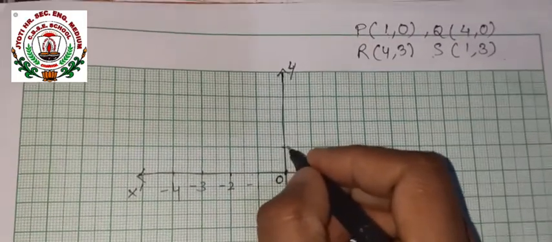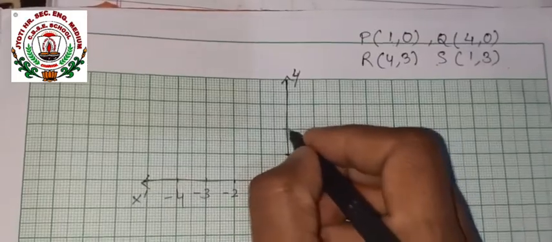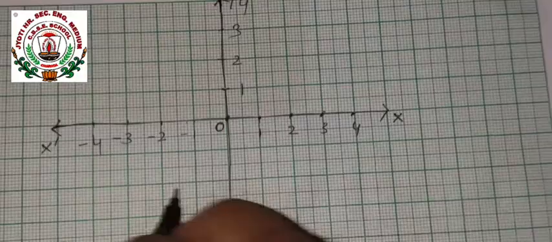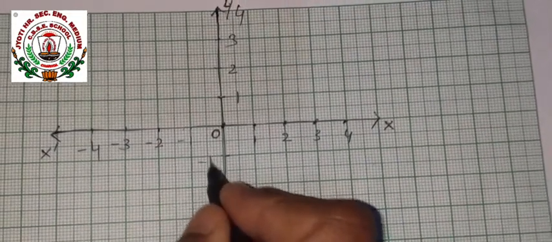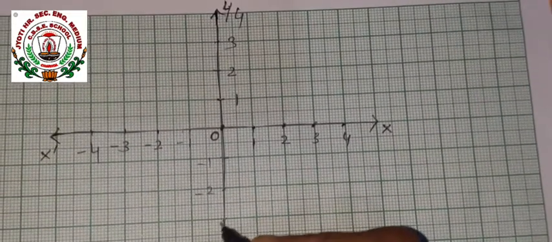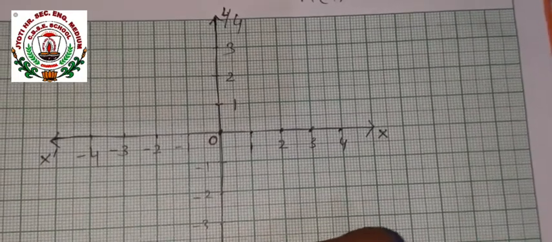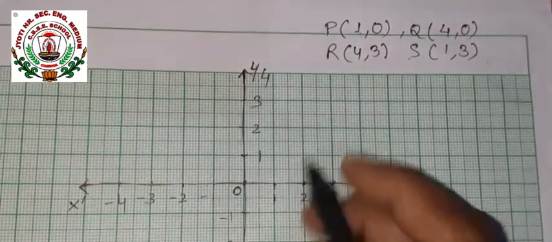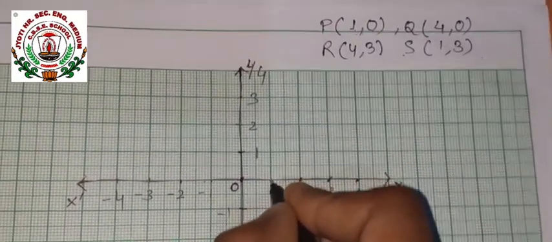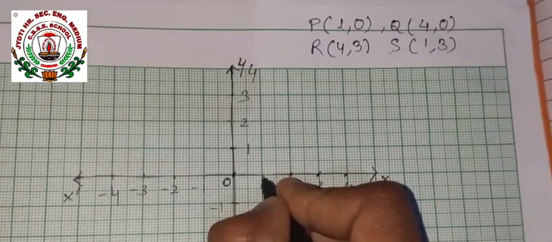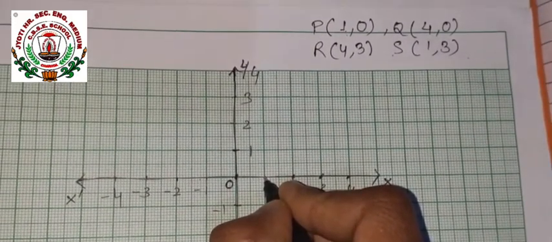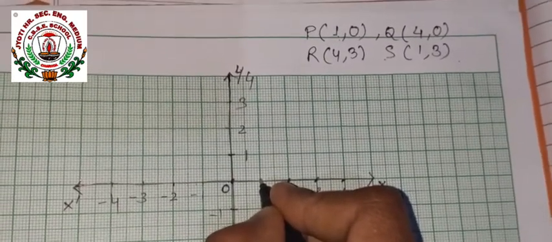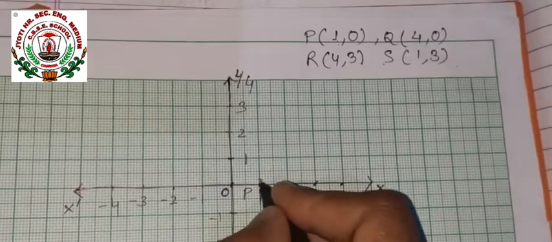Okay, same on the top also, 1, 2, 3, 4, and downside also we will have -1, -2, -3 and -4. Okay, now point P is what? (1, 0). 1 means positive 1, so to the right side of the origin, 1 in x-axis and 0 in y-axis. 0 means it will touch the x-axis only. Okay, so this point is P.